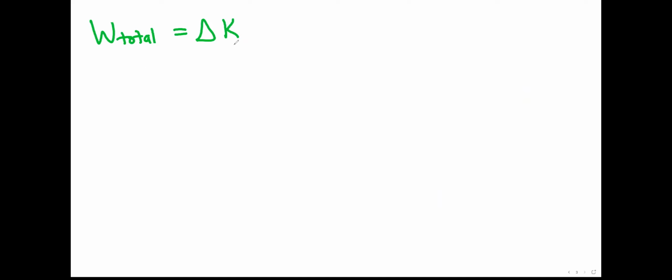So that's force times displacement. That's the work. The definition of work is force times displacement. But the work kinetic energy theorem is saying that basically the change in kinetic energy is equal to the amount of work done. So the total work equals the change of kinetic energy. Oh, now I remember that.